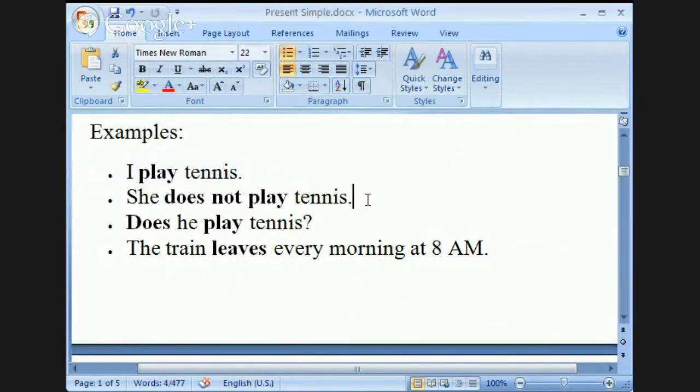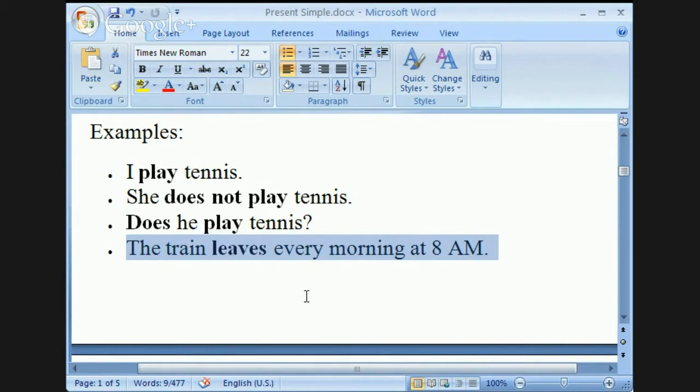Great. Negative: she doesn't play tennis. Notice I'm using the contracted form. Much more natural. Question form: does he play tennis? Okay. All right, here we have an example of a scheduled event.